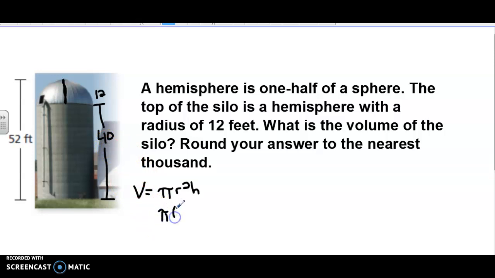Since the radius up here is 12, this is also 12. So the radius is 12 squared, and the height is 40. I'll get out my calculator and do 12 squared times pi times 40.